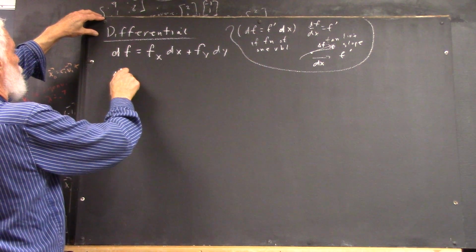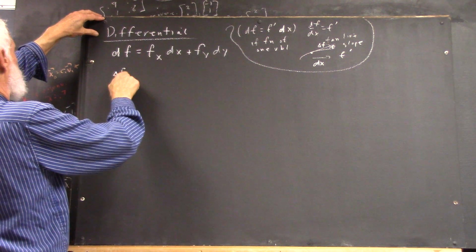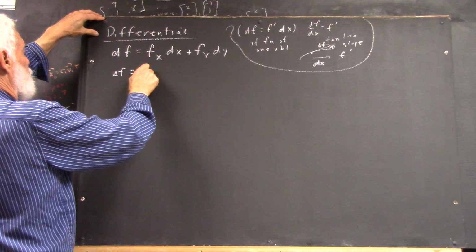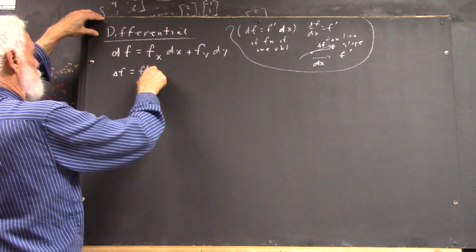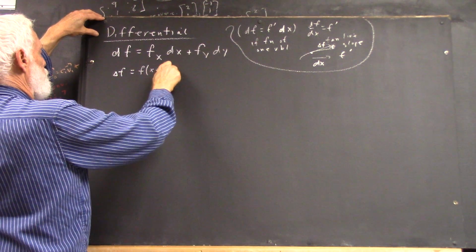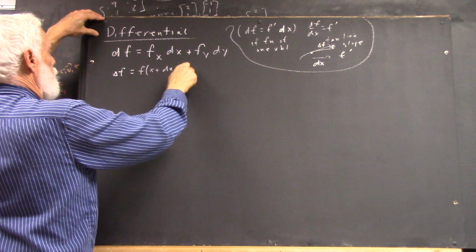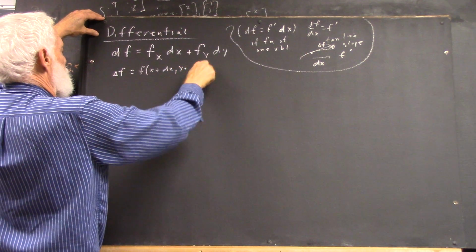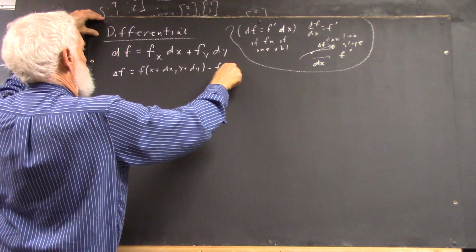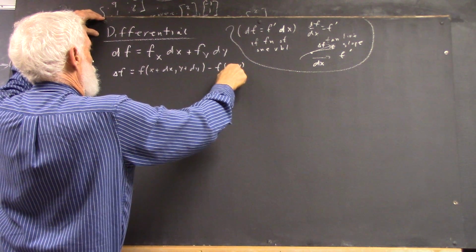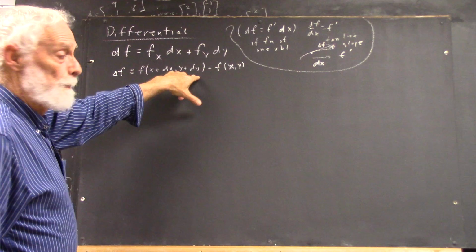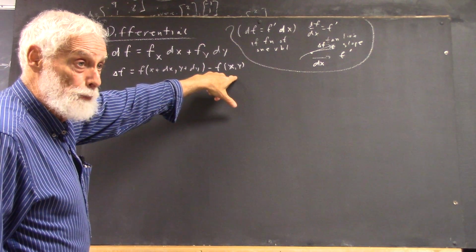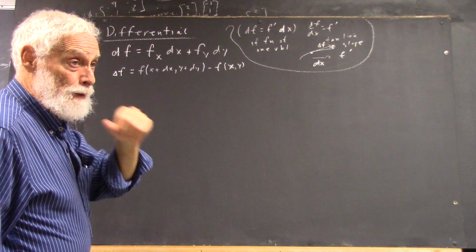Delta f is like f at the x plus delta x, y plus delta y point minus f of x, y. Okay?